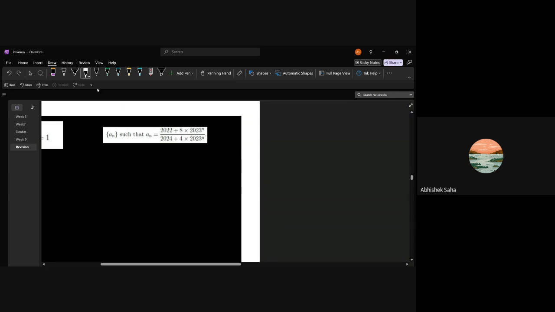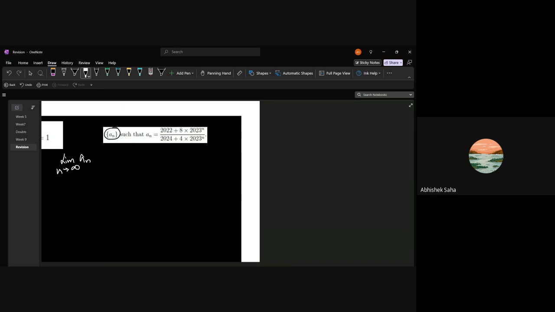Solve this problem. Whenever this type of expression is given, it means limit n tends to infinity of a_n. Sorry, n tends to infinity, not x. The variable is n.